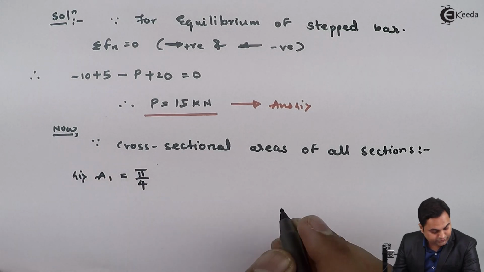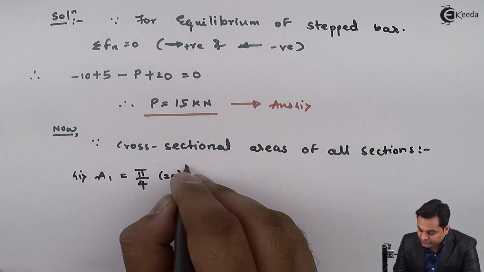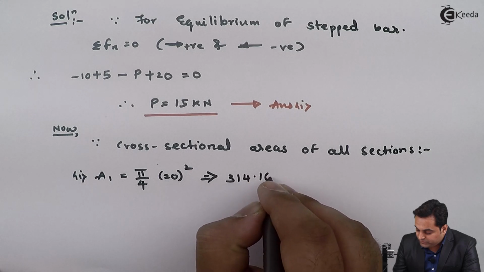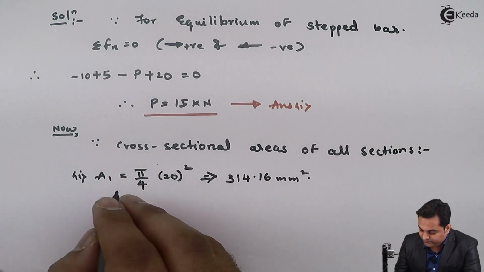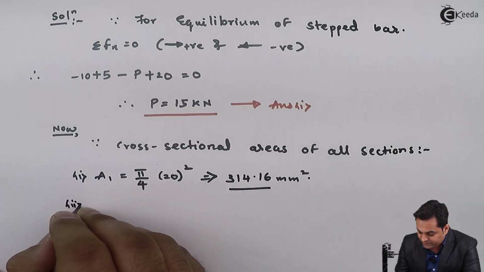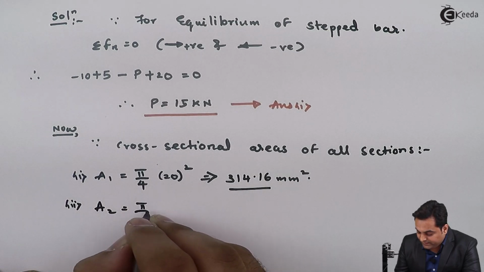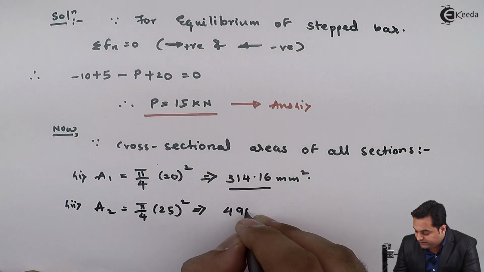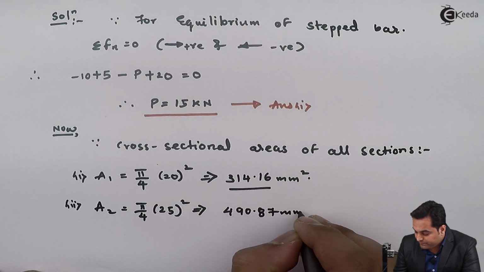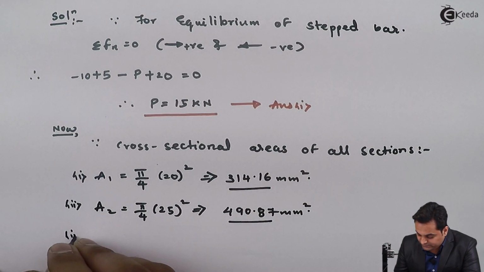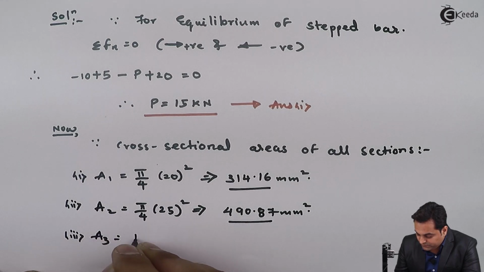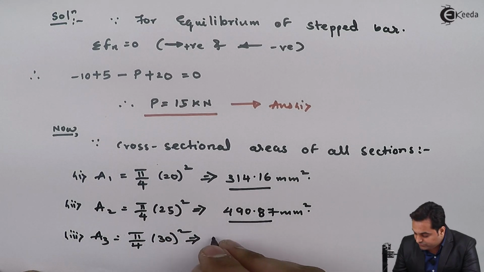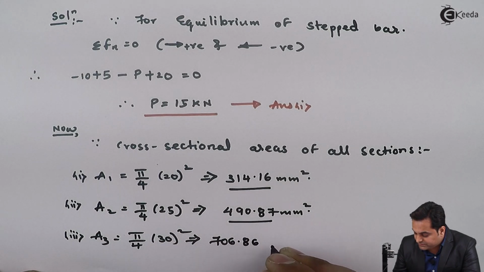It is pi by 4 into 20 square. This comes out to be 314.16 mm square, first area. Similarly, the second cross sectional area, diameter is 25 mm, and my answer is 490.87 mm square. At last, the third area, diameter is 30 mm, so this area comes out to be 706.86 mm square.